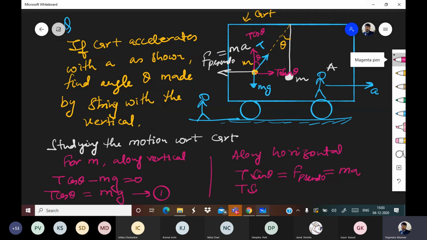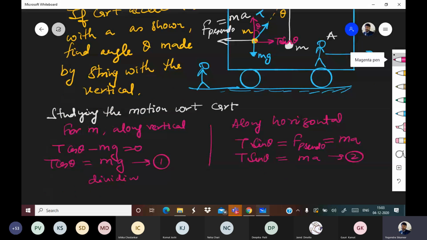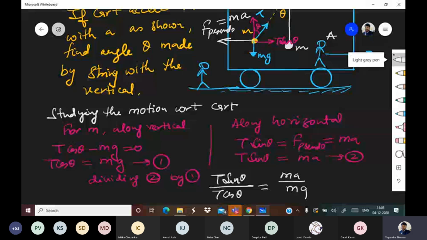So dividing 2 by 1, T sin theta upon T cos theta is equal to ma upon mg. m and T cancel.